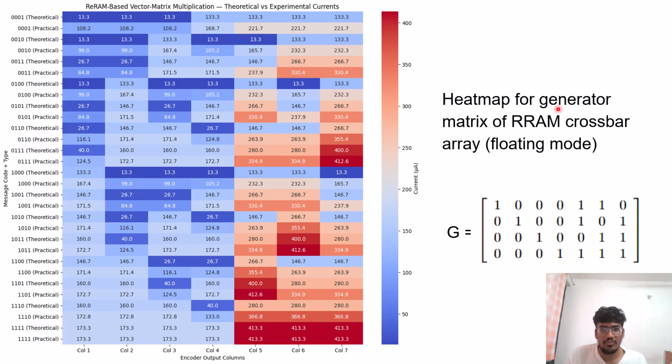Here is the heat map for the generator matrix, which we obtained while operating the Rram in the floating mode. Here we can see the theoretical and practical currents that we obtained. There is a huge variation of the practical current from the theoretical current due to the sneak paths that we obtained in the floating mode.